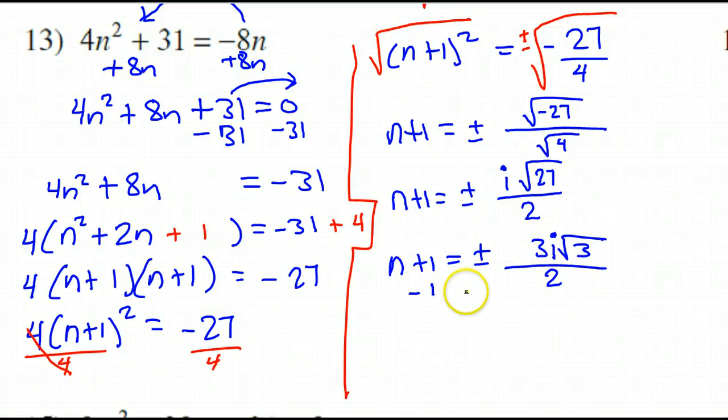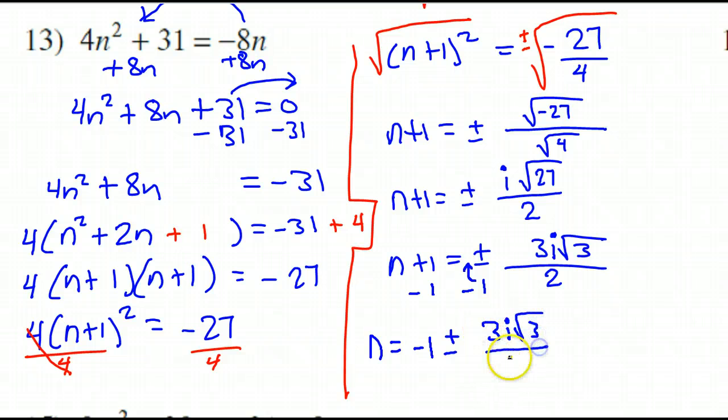Last but not least, I will subtract 1 from both sides and carefully put it in the front. So that is going to give me n = -1 plus or minus 3i radical 3 over 2. That's a terrible looking n, but that's it.